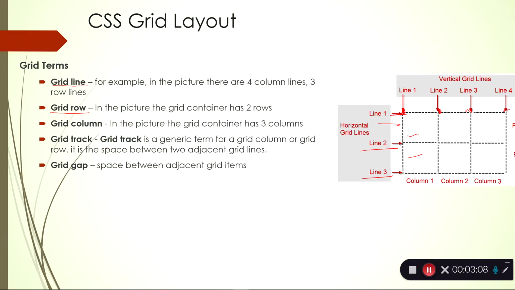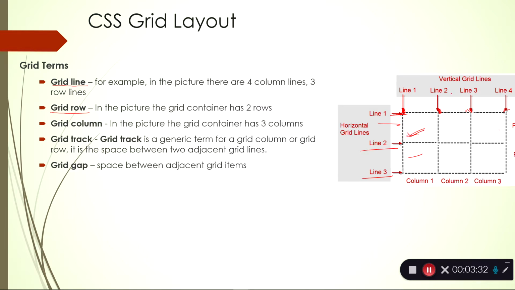Grid track is the generic term for both grid column and grid row. For example, the space between column line 1 and line 2 is called the first grid column. Similarly, the space between row line 1 and row line 2 is called the first grid row.